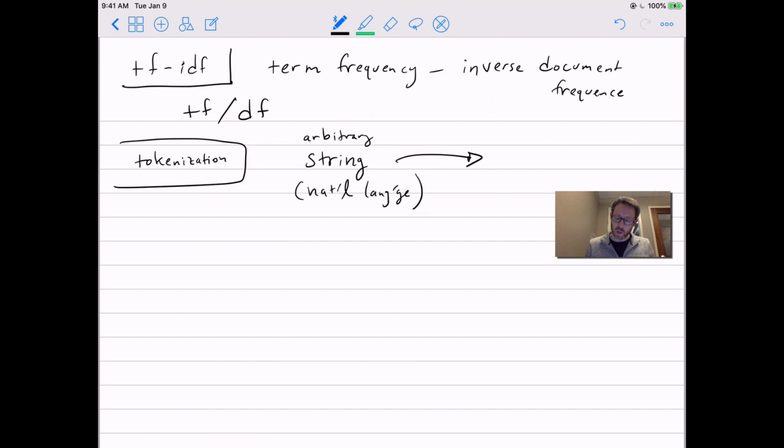And then we're going to map that to a list of tokens. And tokens don't have to be words. They could be phrases, they could be subwords. They could include some punctuation if you want. I'm going to exclude punctuation.